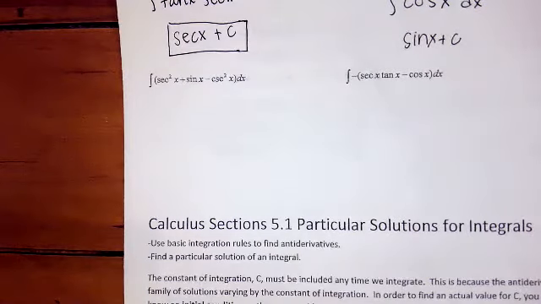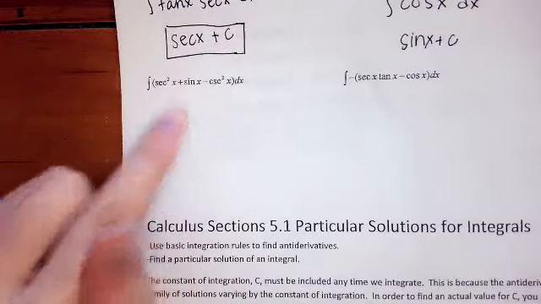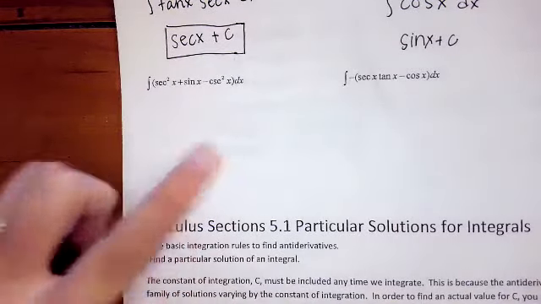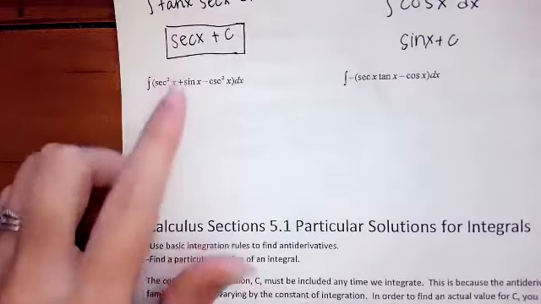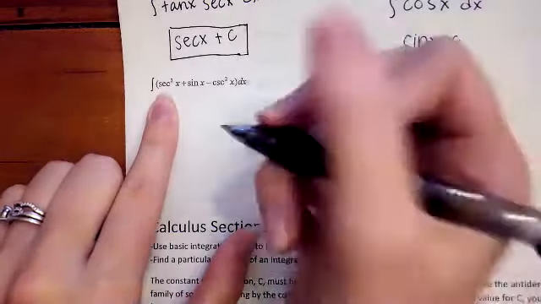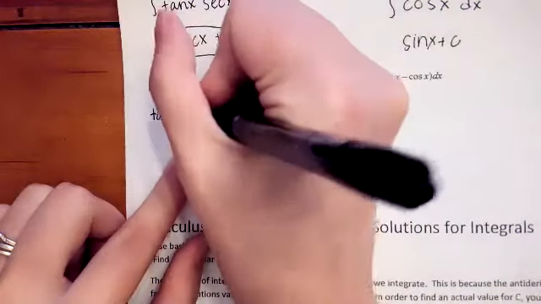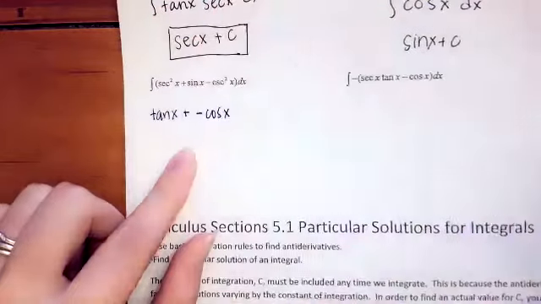These ones are a little bit easier because they look complex, but they're not. I can take the integral of each part because I know each part from that list of those 6 integrals. So if I'm looking at secant squared x, the integral of secant squared x is tangent x. The integral of sine x is negative cosine x.